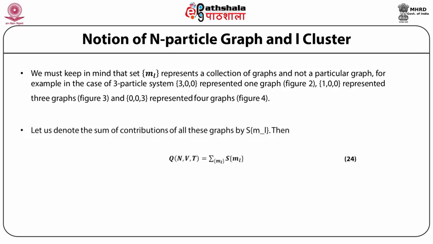Let us denote the sum of the contribution of all these graphs by a sum S over the set ML. Then Q will be equal to the summation over the set ML of S(ML), where the sum extends over all the members of the set ML satisfying the condition 23.